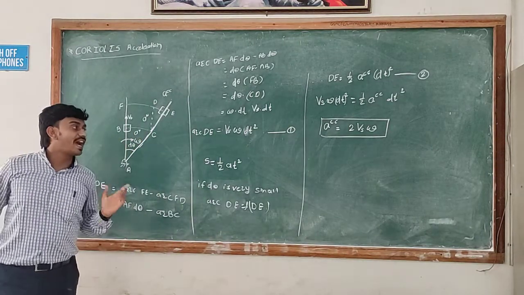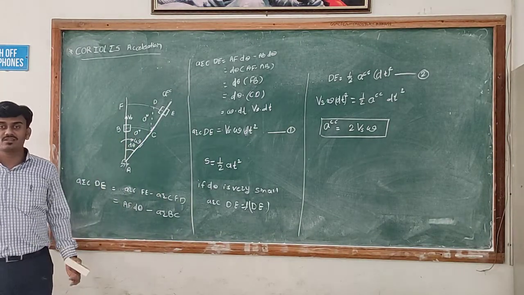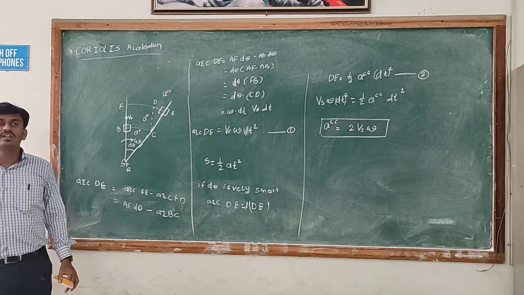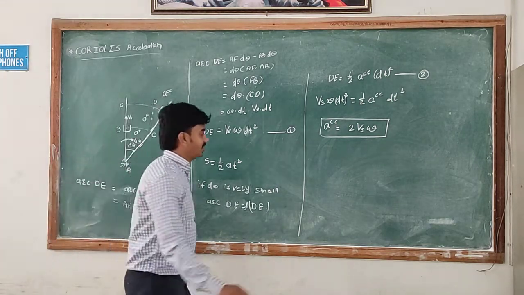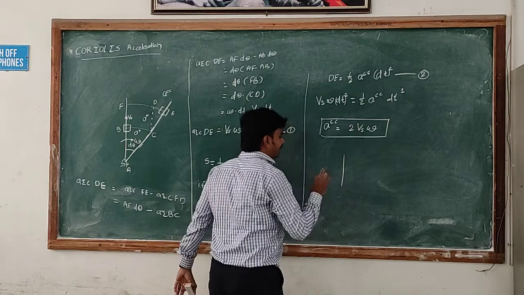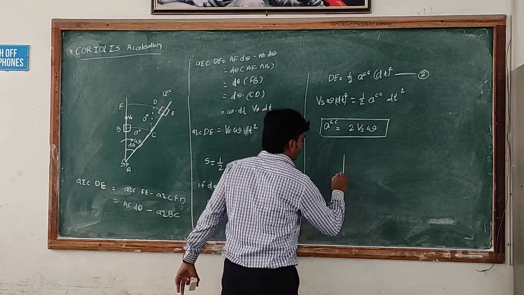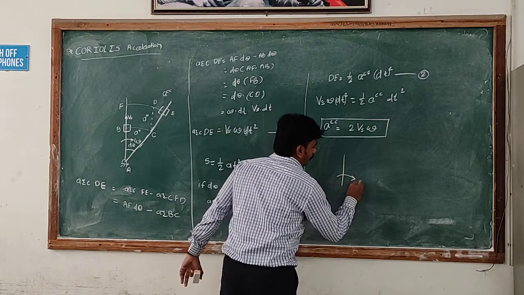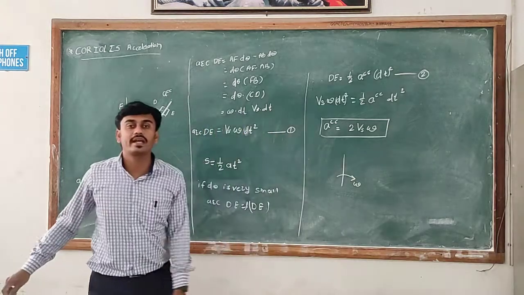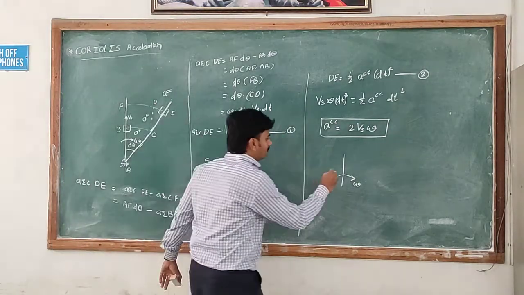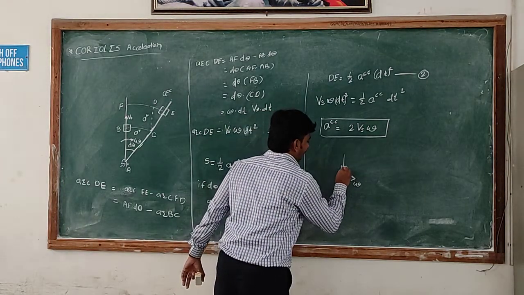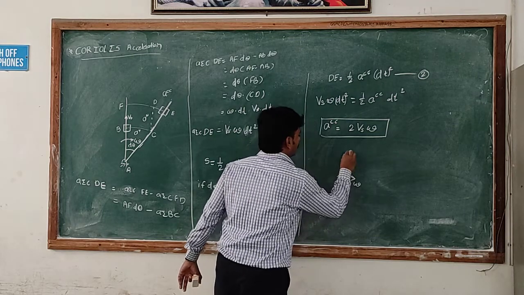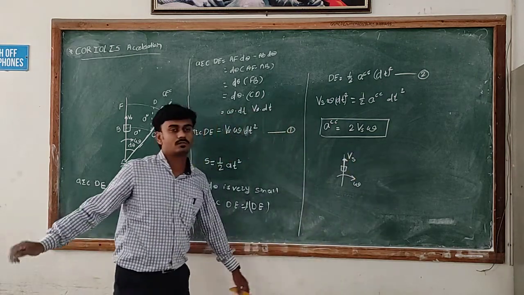What is the direction of the Coriolis component of the acceleration? Suppose this is a link and it is moving in a clockwise direction with angular velocity omega, and this is the slider with its velocity in this direction.